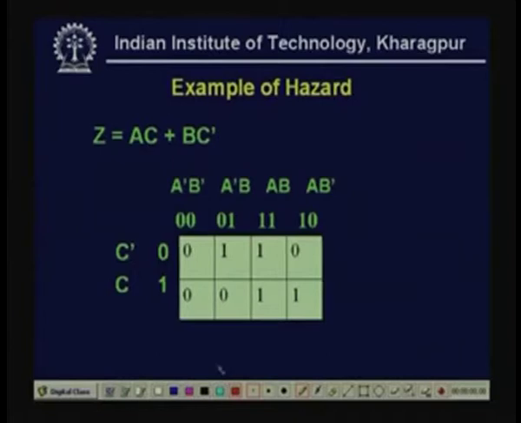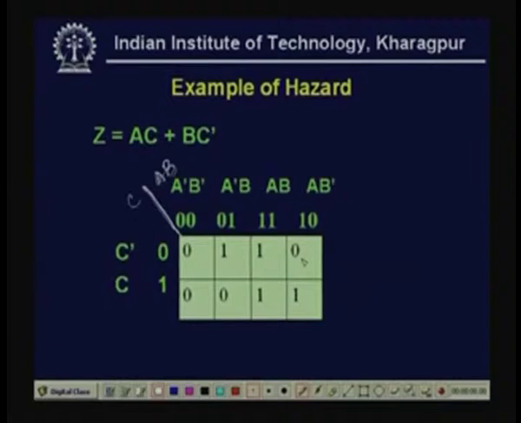Here I am taking the upper portion as the AB variables, and this is my C variable. So here the 4 terms will be A dash B dash, A dash B, AB, AB dash, and C dash, C.